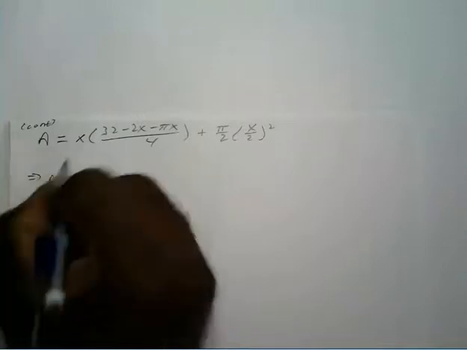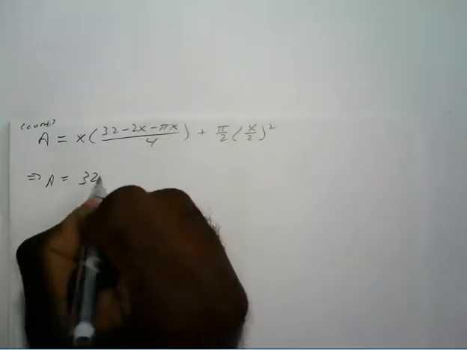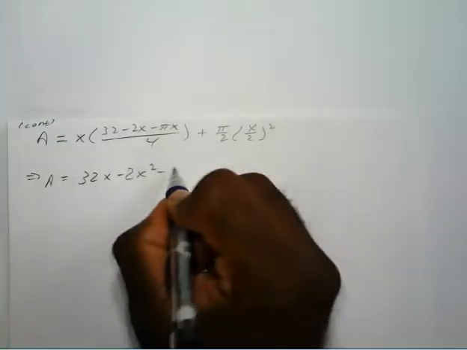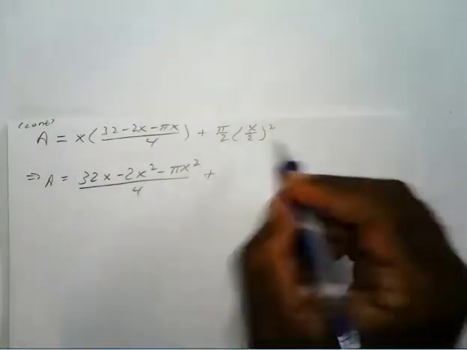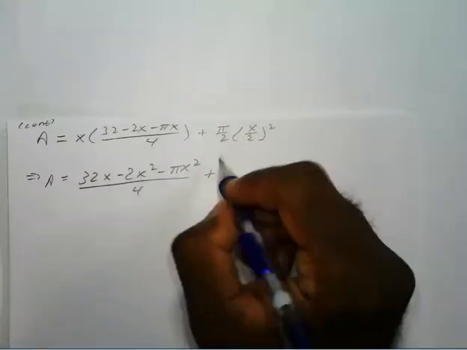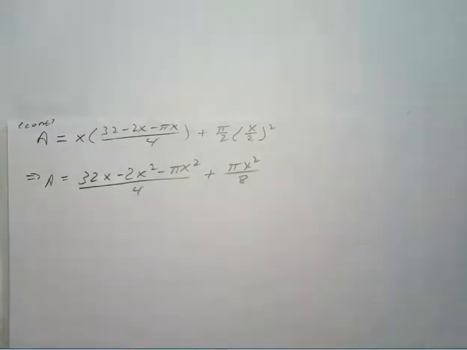So that means your area is equal to, if we distribute that x, 32x minus 2x squared minus pi x squared over 4, plus x squared over 4 times pi over 2, which will give you pi x squared over 8.